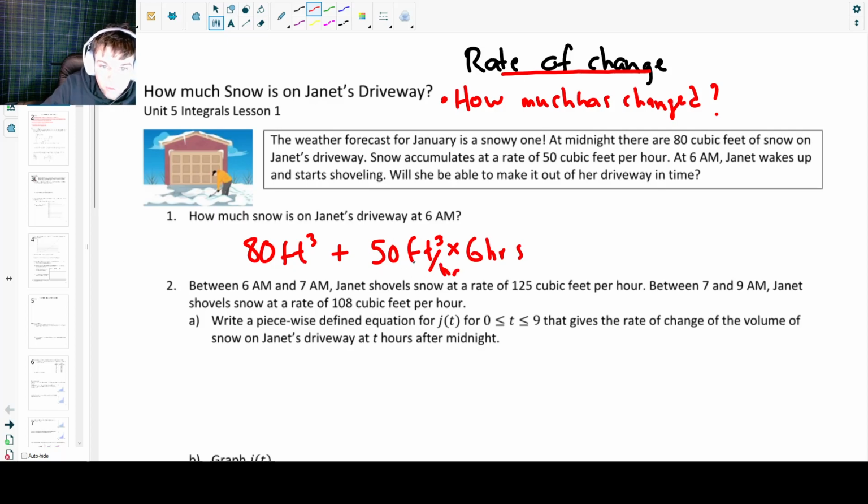So we have our rate times time to figure out how much snow fell in that time between midnight and 6. So if we do our calculation here, this is going to be 80 plus 300. So we're going to have a total of 380 cubic feet of snow. So that's going to be the total amount of snow that is on her driveway. I don't know. That sounds like a lot. But anyway.